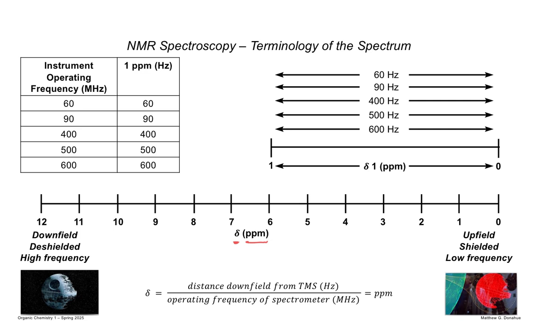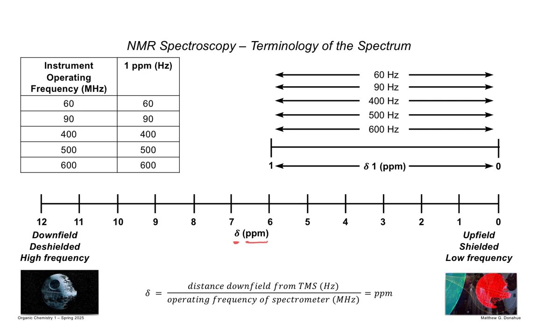The way the instruments operate is that it's basically a giant magnet, and that magnetic field is fixed. We'll talk a little bit more about that probably on Wednesday. Within that field, you're going to get your spin alignments. Remember, we said there can be spin clockwise or spin counterclockwise, or sometimes it's called spin up or spin down, and they're all randomly pointing in different ways in that field.